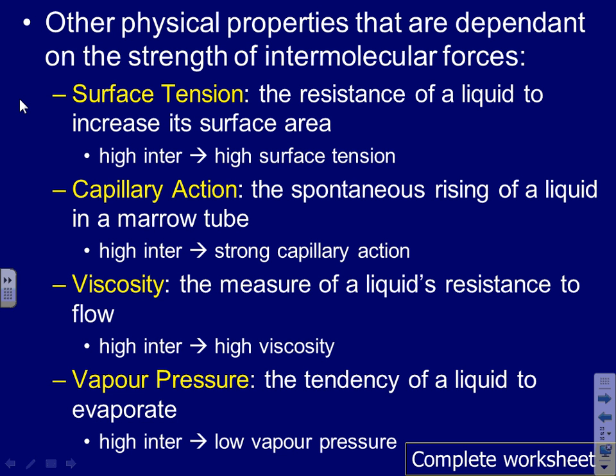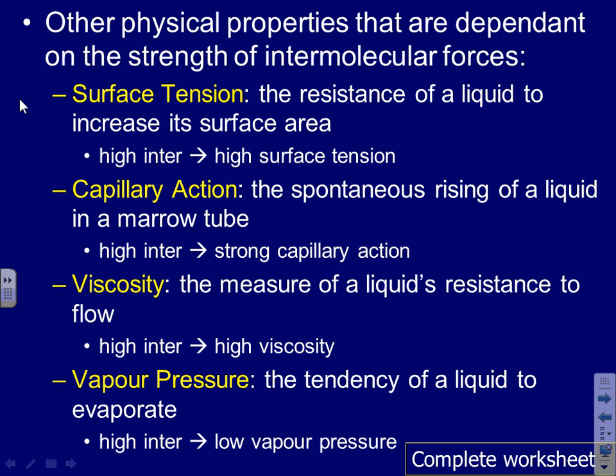The surface of the gasoline really ripples very quickly because it doesn't have a lot of tension holding onto that surface, where the water waves are a little slower. If you jiggle it in the container, the non-polar substance settles down very quickly, where the polar substance sticks to the sides and slowly works its way back down. So you can actually see the difference by looking at some of these properties.